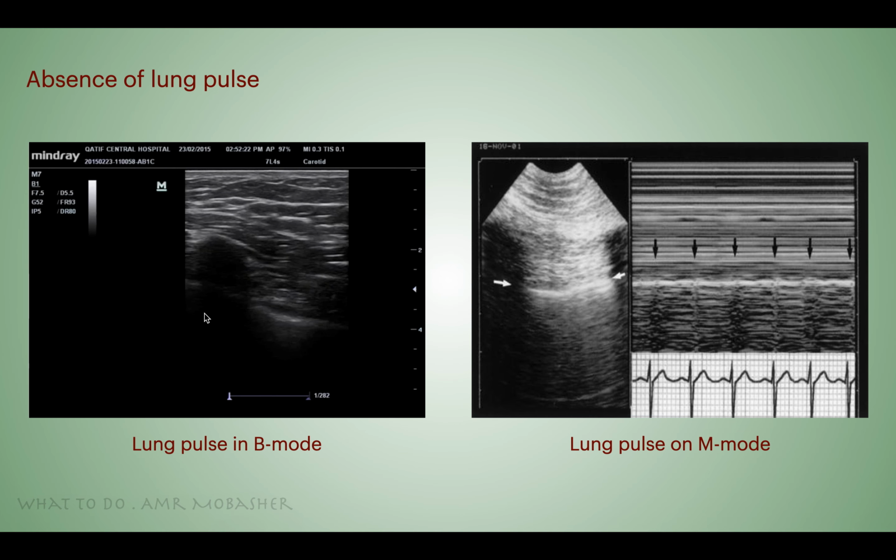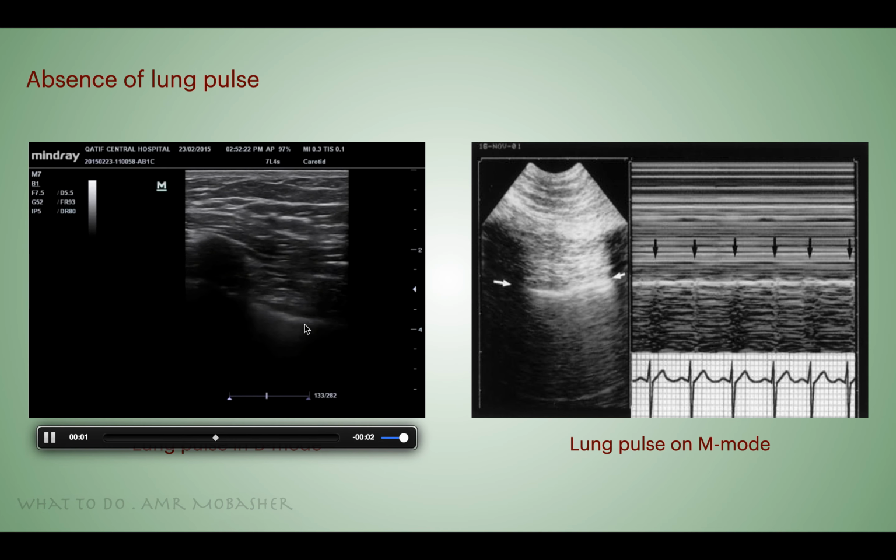Finally, absence of lung pulse. Lung pulse is the transmitted cardiac pulsations to the pleural line. Can be seen here in the B mode. Look at the pleural line, it's pulsating. These are transmitted pulsations from the heart to the pleural line. Again, it's pulsating. We can appreciate lung pulsations on M mode.